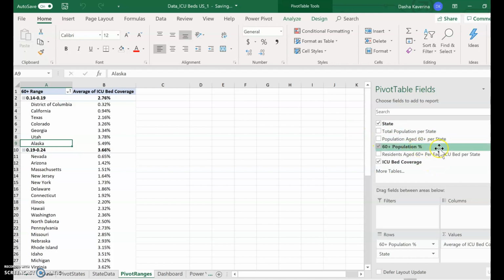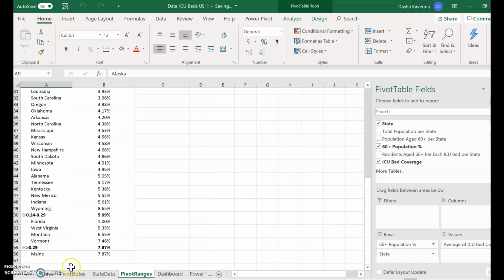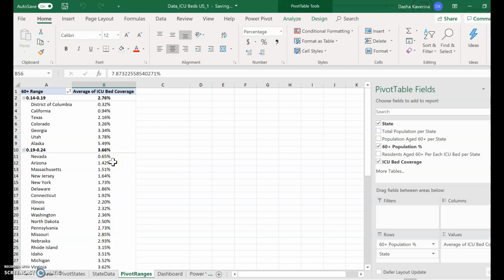I then grouped the population over 60%, which I ended up having 4 groups, with Maine having the most of the population, but we see that ICU bed coverage is pretty decent. And then based off this pivot table, I created my dashboard.